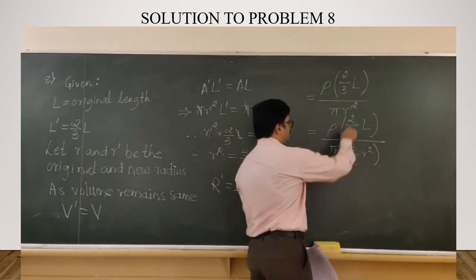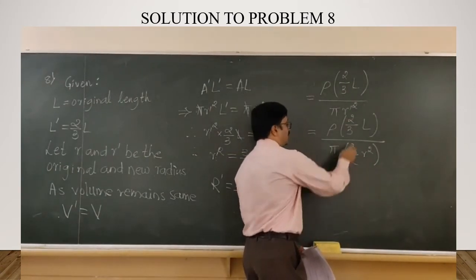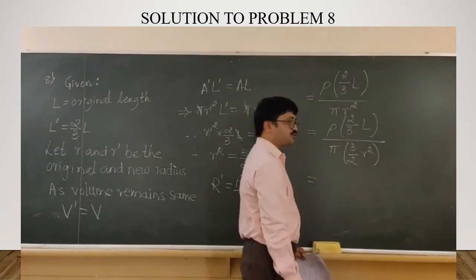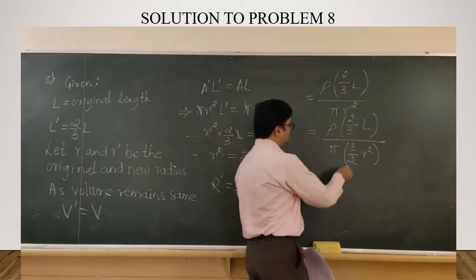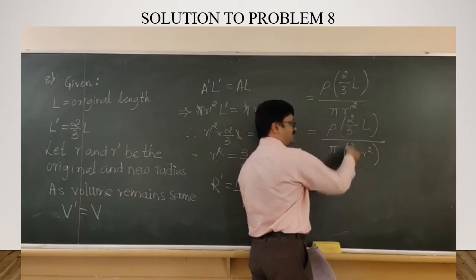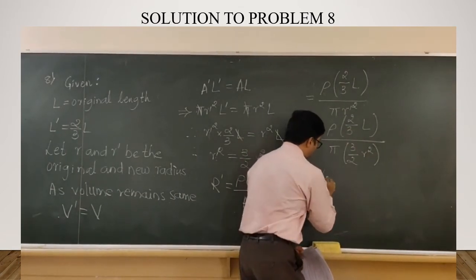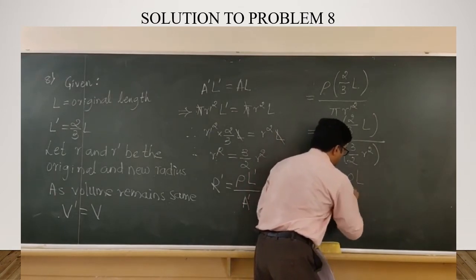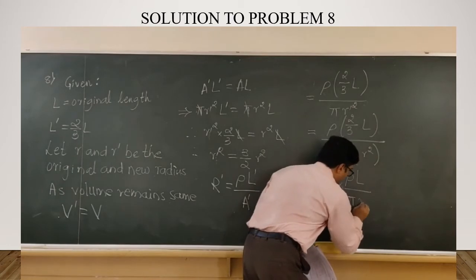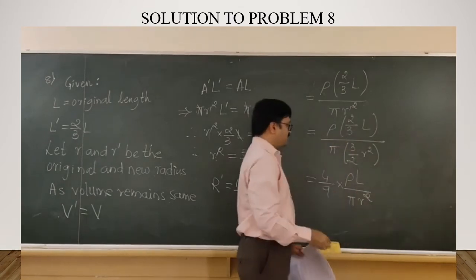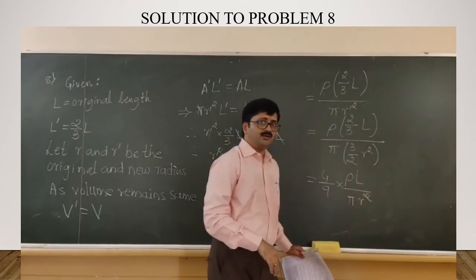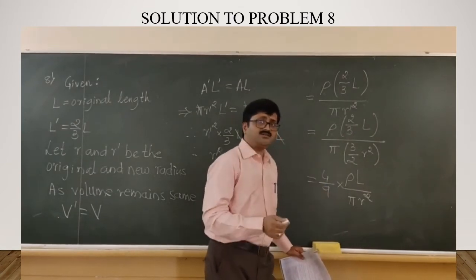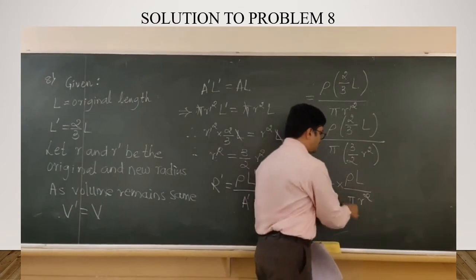Now I will take this 3 by 2 into the numerator, then it becomes 2 by 3 again. So accordingly 2 by 3 into 2 by 3 will become 4 by 9. 4 by 9 times of rho L divided by pi into R square. But what is rho L by pi R square? Rho L by pi R square is the original resistance, correct? Because pi R square is the area here.